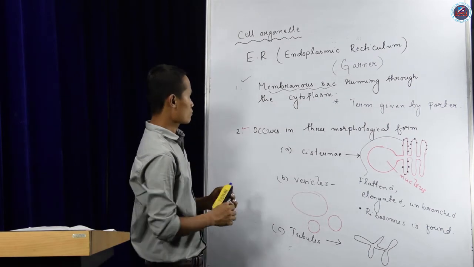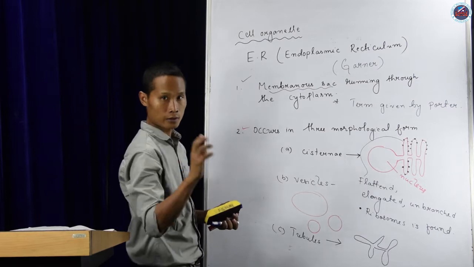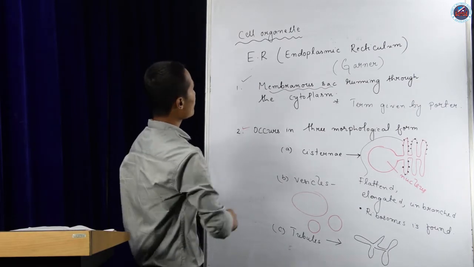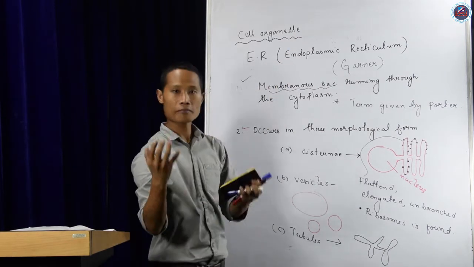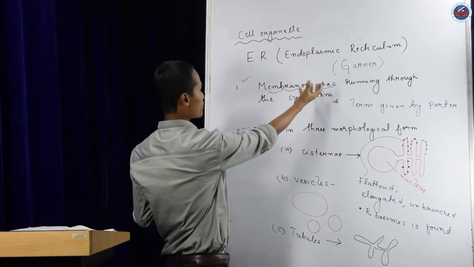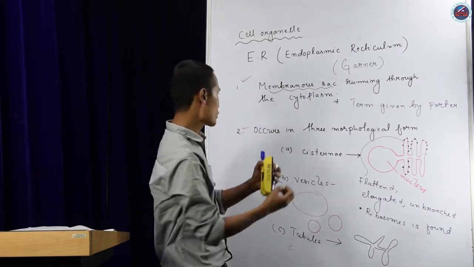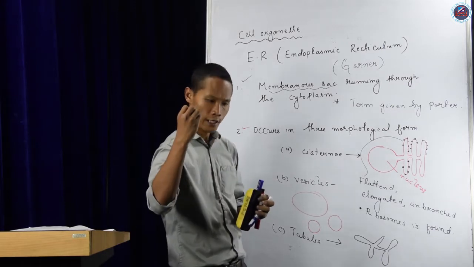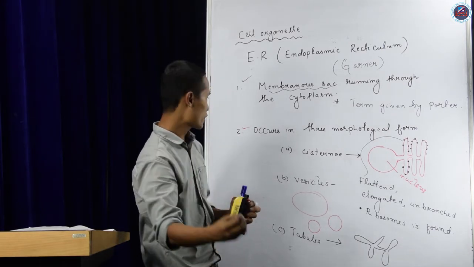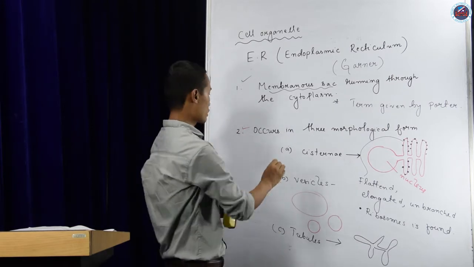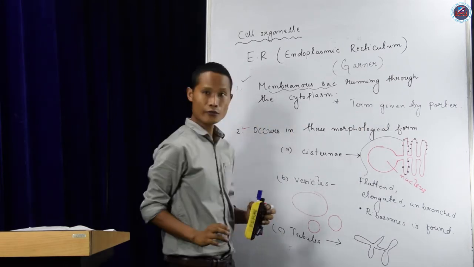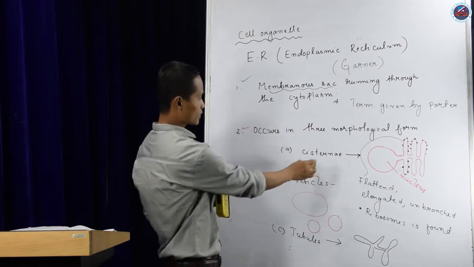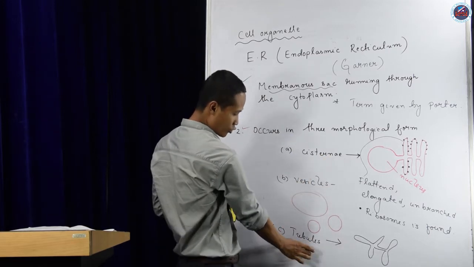I will explain once more. Endoplasmic reticulum is a very complex membranous sac system, which is found in the cytoplasm. It is responsible for mechanical support to the cytoplasm, and it has three forms: cisternae, vesicles, and tubules.